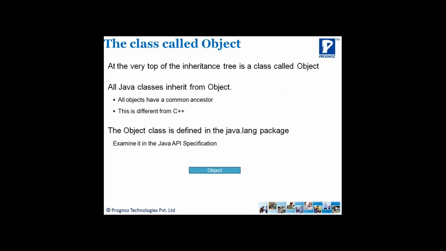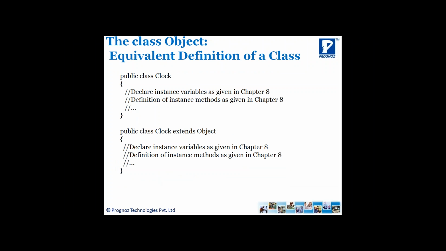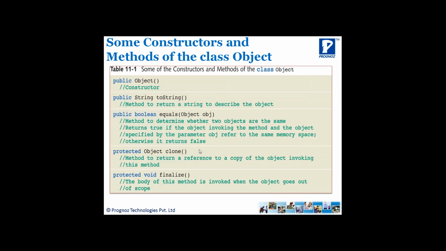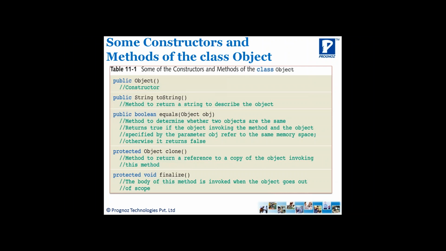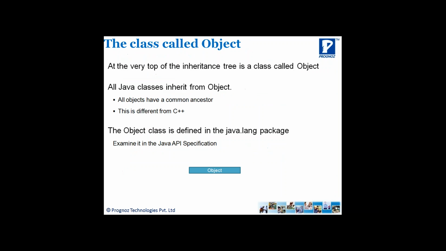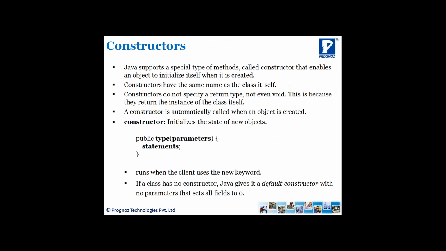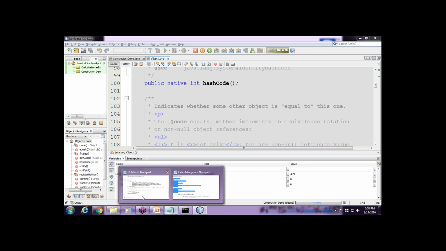At the very top of the inheritance tree is Object. If you write a class, or if you write class extends Object, both have the same meaning. This part we will discuss later, and I will explain all these things with one example.